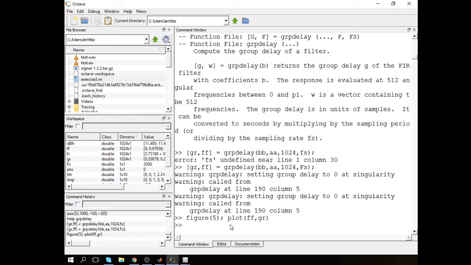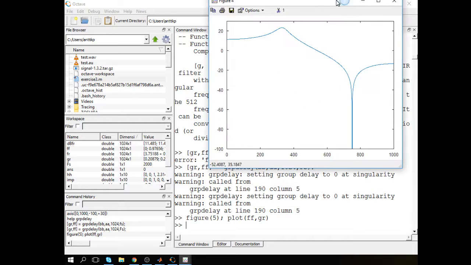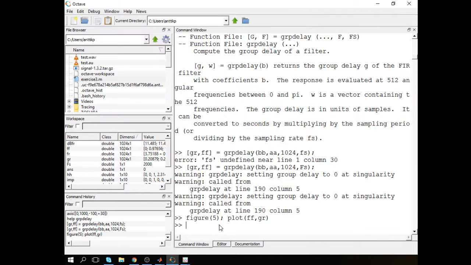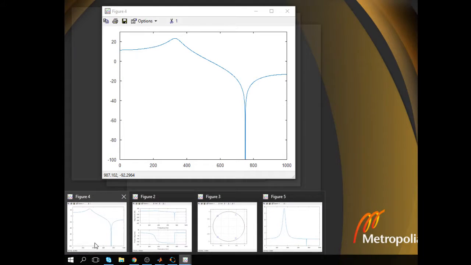For example, if I want to know in which frequency I have the highest attenuation in here.